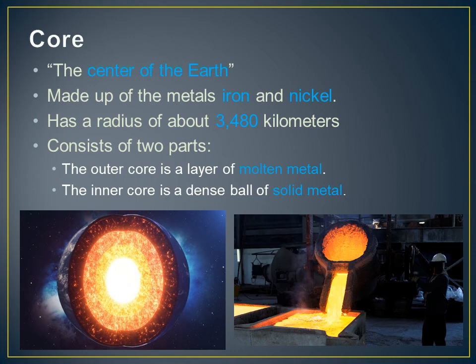Now the core is made up of 2 parts. The outer core is a layer of molten metal. So the outer core is still very hot, so hot that the metal is liquid. However, the inner core is a dense ball of solid metal. So it's solidified metal, very dense, but also still very hot.